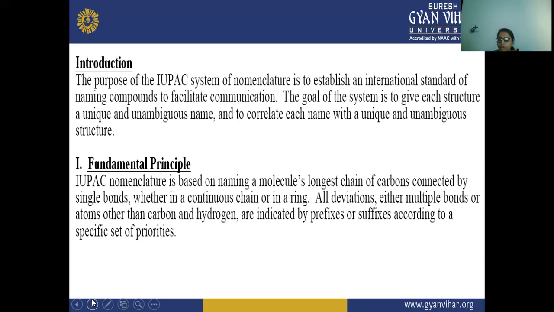That is why we developed this IUPAC nomenclature system, so that every compound has its own unique name and there is no confusion between compounds or a compound having two names.